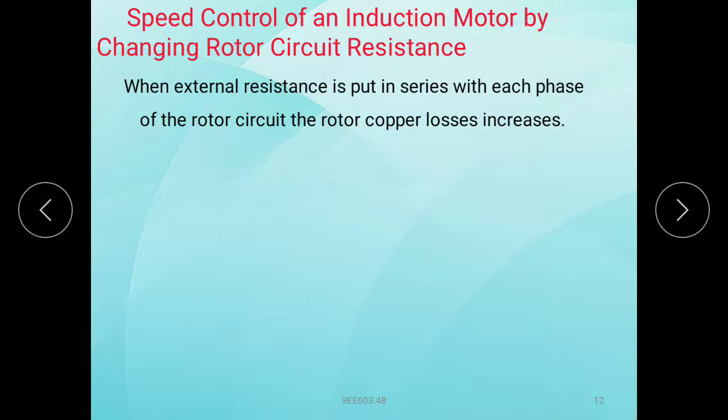Now next, when external resistance is put in series with each phase of the rotor circuit, the rotor copper losses increase. Slip equals rotor copper losses divided by rotor input. That means the slip also increases.